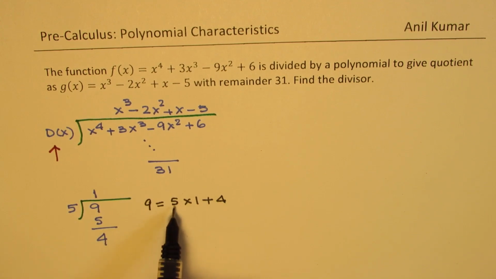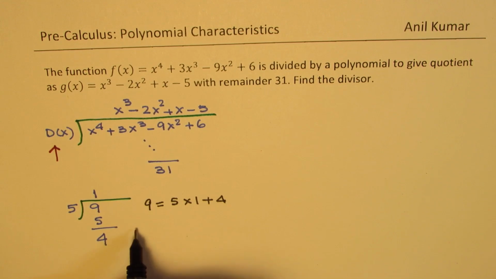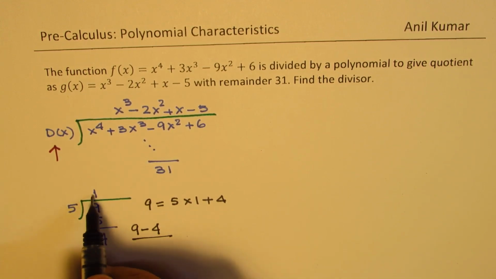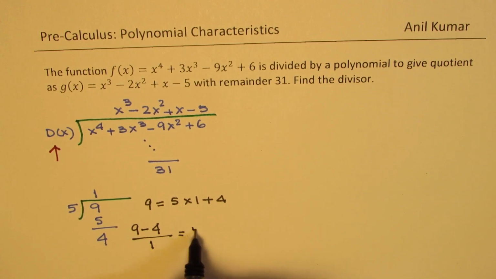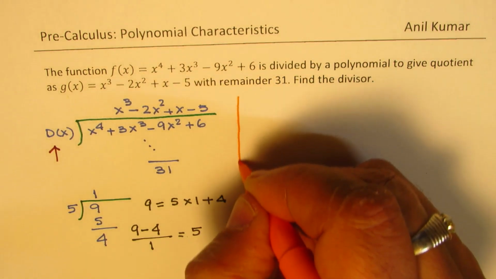But if we want to find what this 5 is, we'll have to take away from 9 this number 4, right? So we'll take 9 minus 4 and then divide by this number 1 to get the value of 5. So that is what we are actually going to do now to find our divisor.